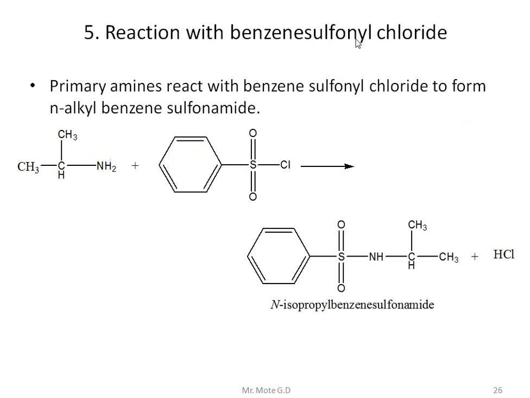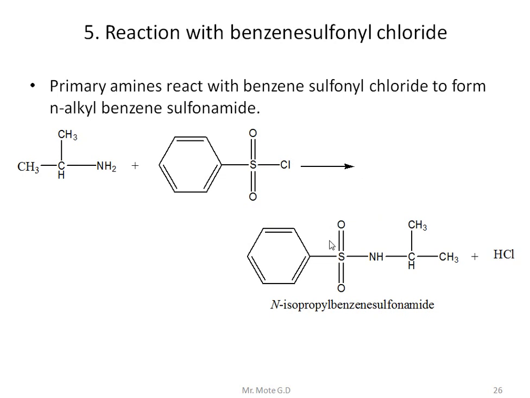Then we will see the reaction with benzenesulfonyl chloride. Primary amine treated with benzenesulfonyl chloride forms N-alkyl benzene sulfonamide. Cl and H from this will be removed as HCl, and to form isopropyl benzene sulfonamide. So this is the compound, and this test we can use for the identification of amines also.